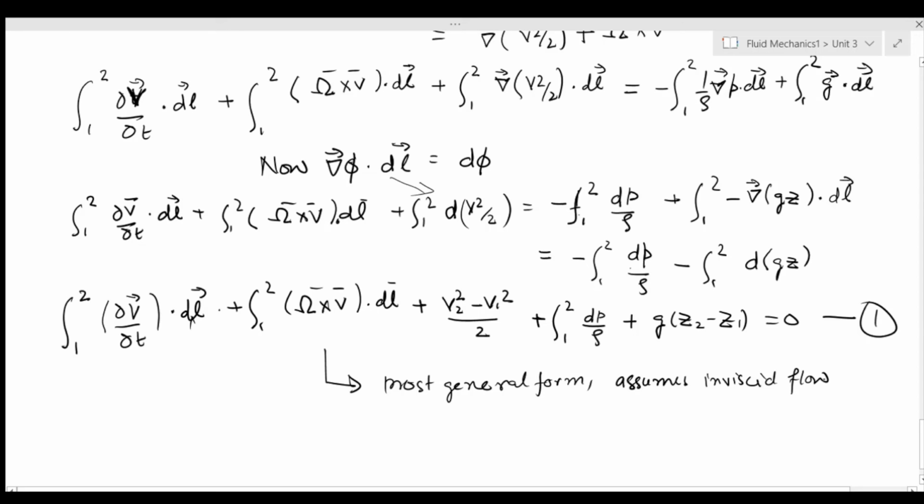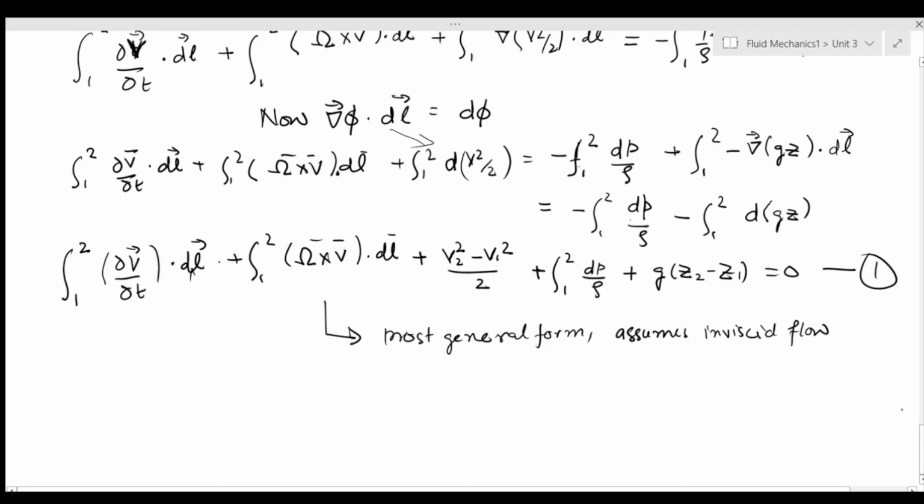It can be compressible, it can be incompressible, it can be steady, it can be unsteady, anything goes here. The only thing is that this is for inviscid flows, those regions where viscous effects can be neglected.